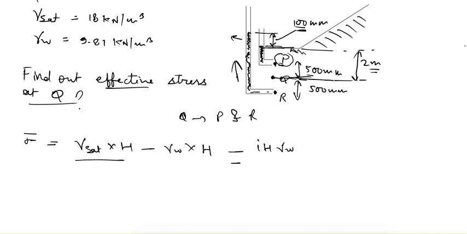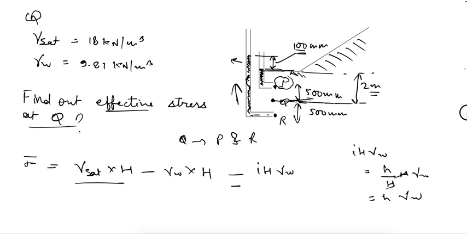This i H gamma W is also equal to small h by capital H times H gamma W, that is small h gamma W. Small h here is the head remaining up to that point.